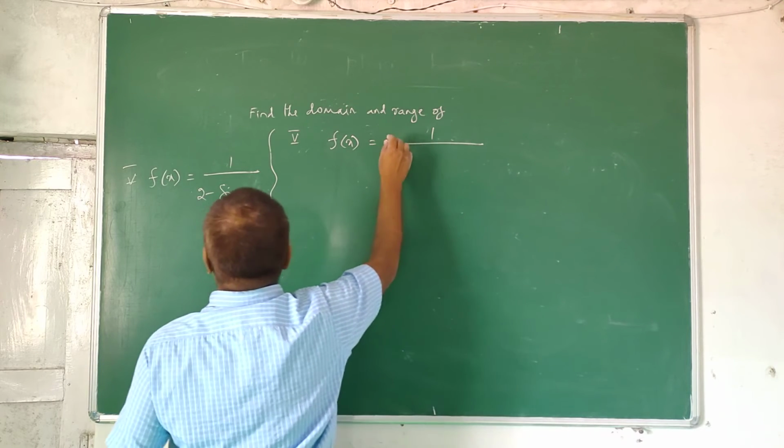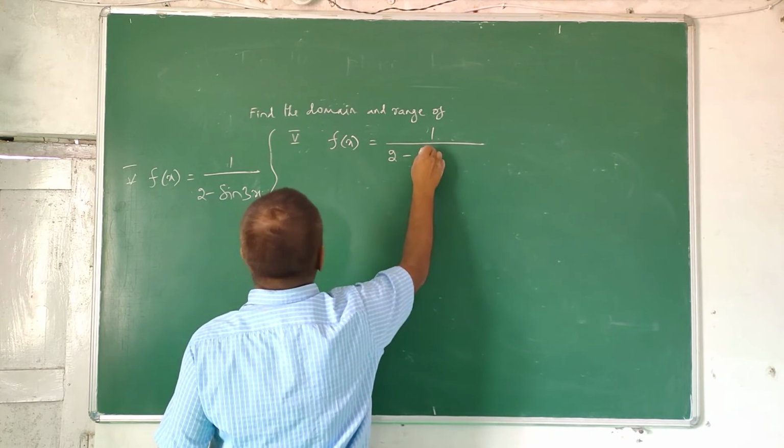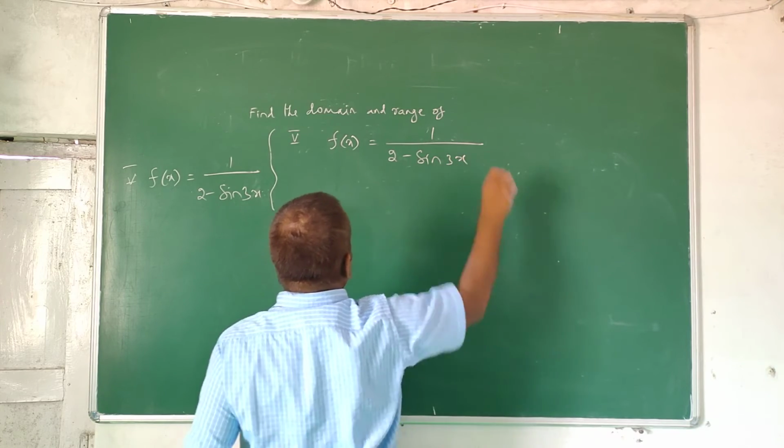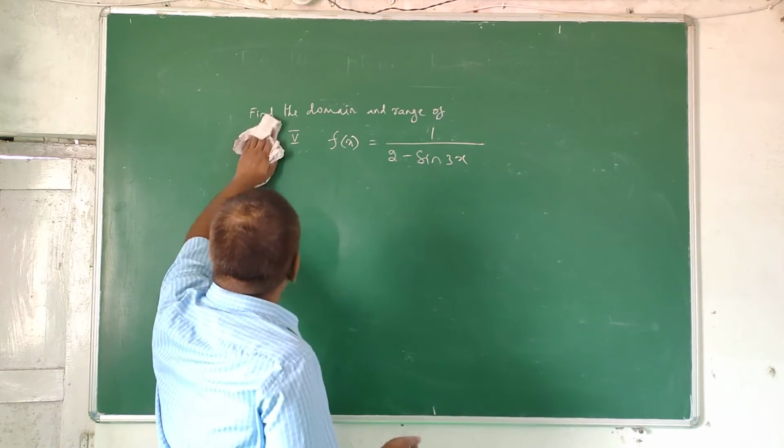1 by 2 minus sine 3x. This is the problem.